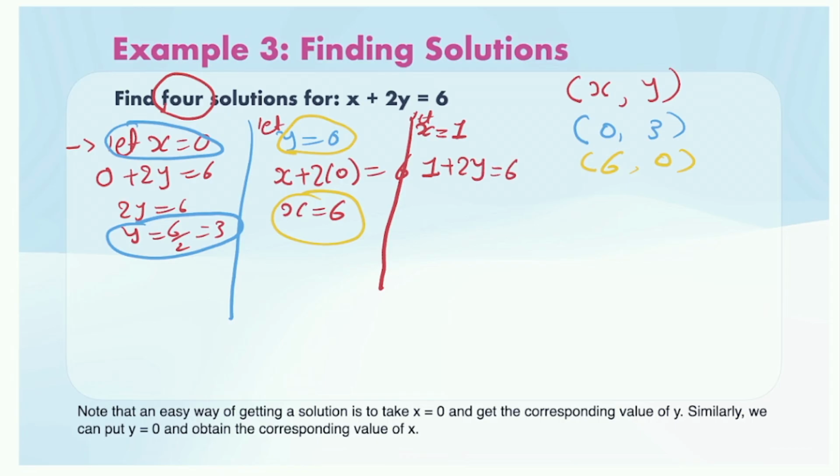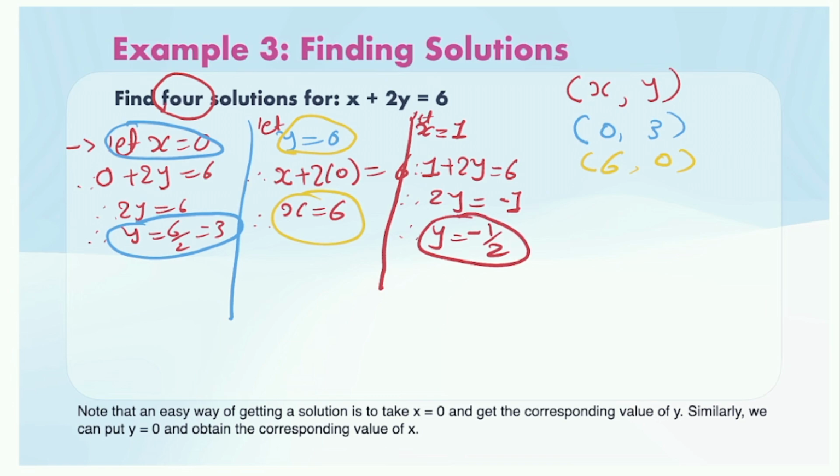Now if I simplify it, 1 will go on the other side of the equation, so 2y is equal to minus 1. Now to find the value of y, here 2 is in multiplication, so it will be minus 1 by 2.